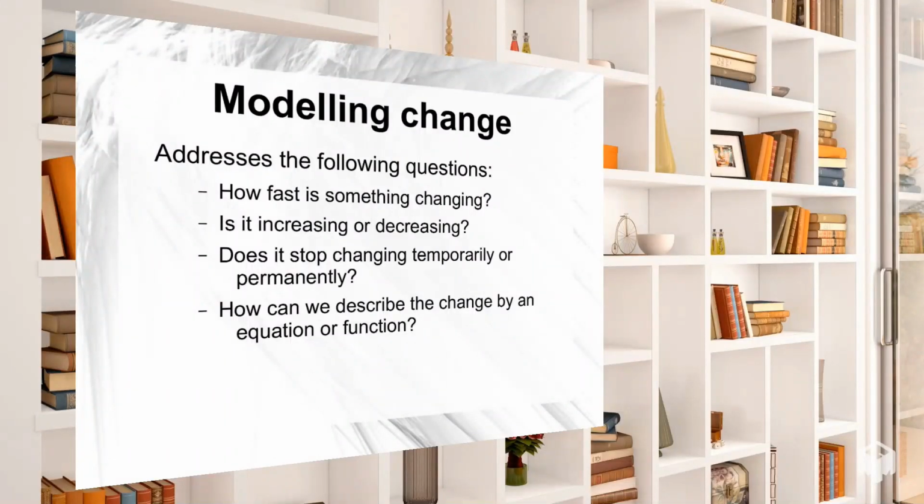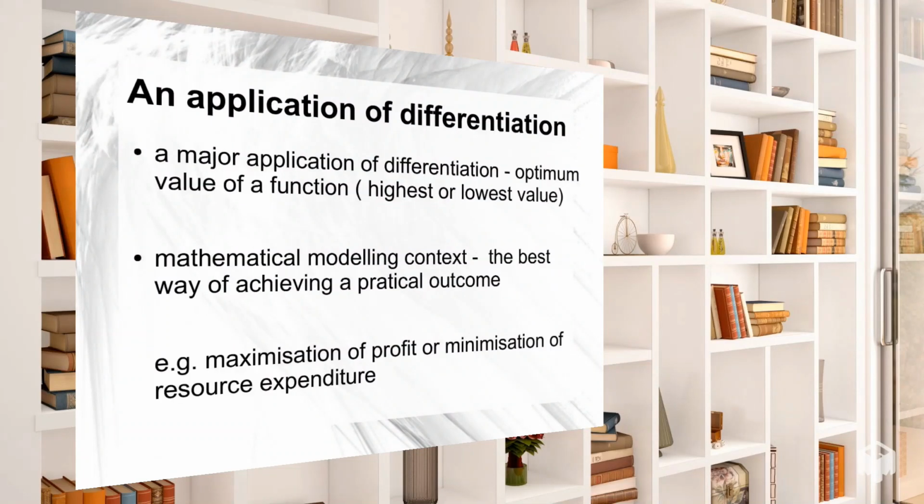Hi, today we'll address the questions of whether the change is increasing or decreasing, or both. And also we'll look at how we describe this change by an equation or function. A major application of differentiation is optimization, and that's to find the optimum value of a function, or in other words, the highest or lowest value.